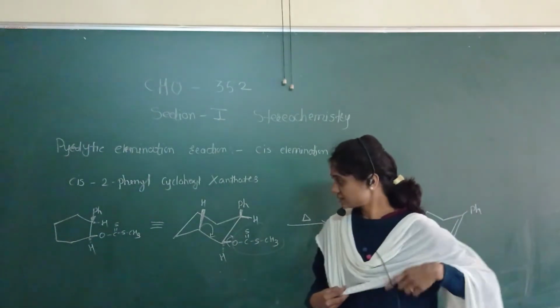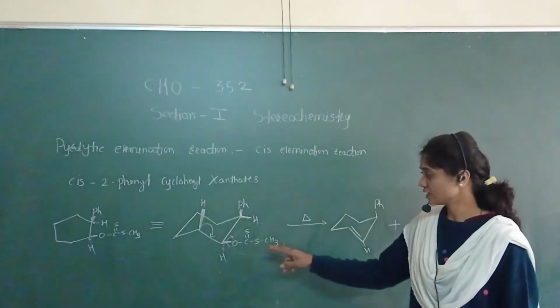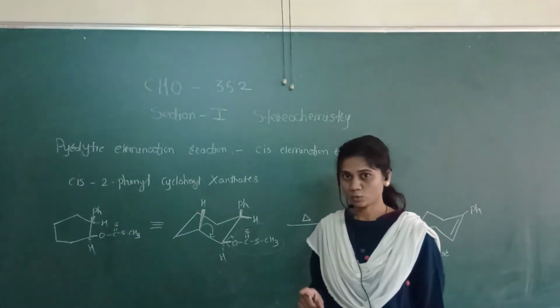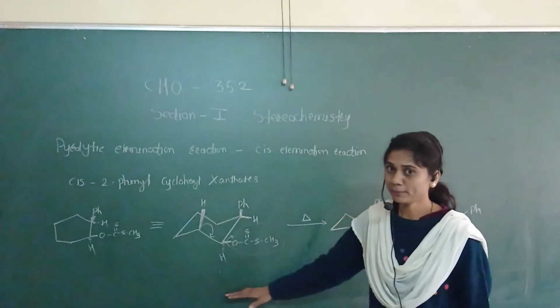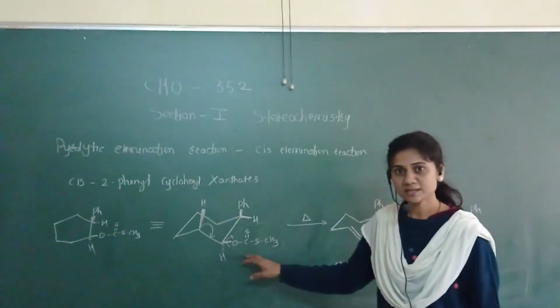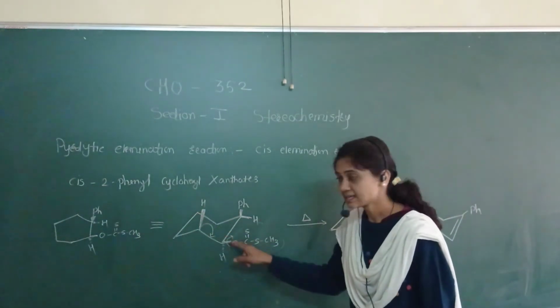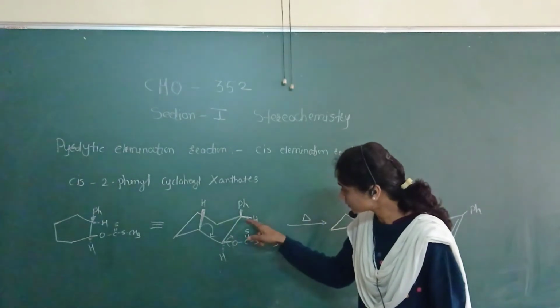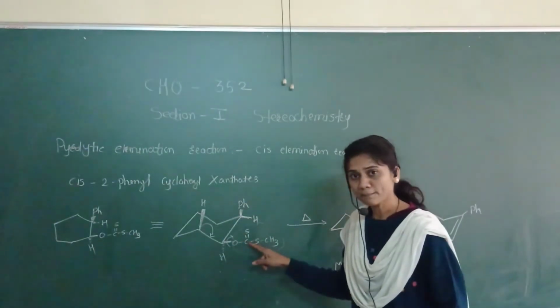Just remember one thing, the eliminating atoms or groups must be cis to each other. It may be above the plane or below the plane, but it must be cis to each other. This hydrogen and this xanthate are cis to each other, but this hydrogen and this xanthate are trans to each other, hence it gives a minor product.